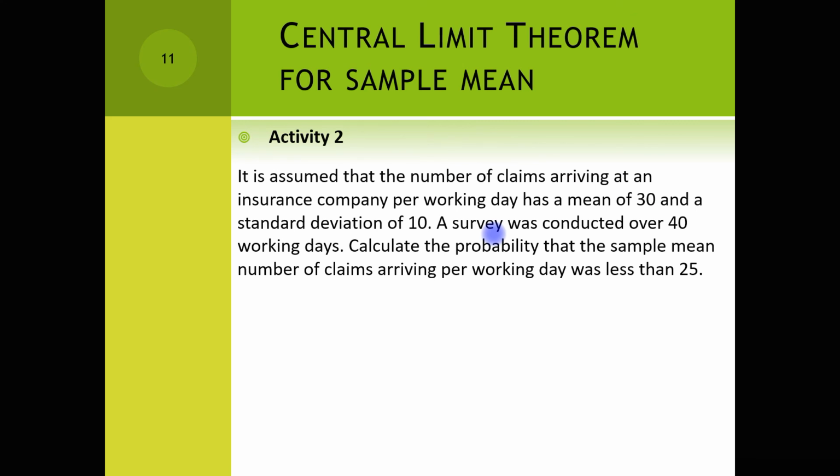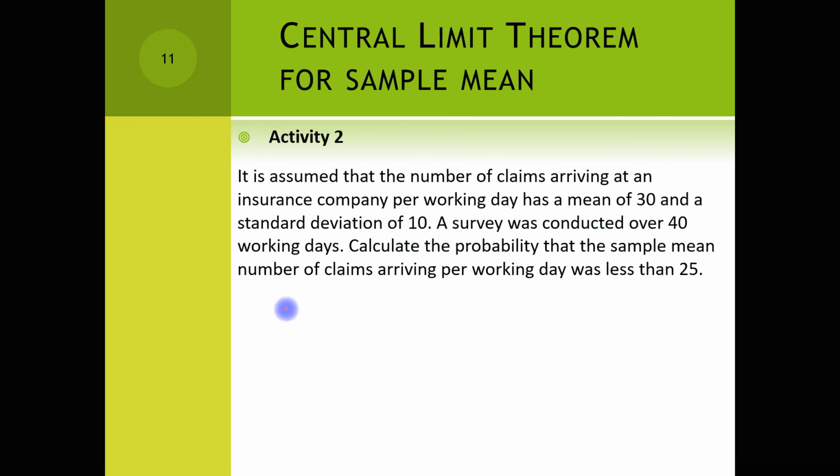And then I gave you some activities, and this one I will just start with you. All right, I will start this activity with you, and then we will end the lecture for today. It is assumed that the number of claims arriving at an insurance company per working day has a mean of 30 and standard deviation of 10.